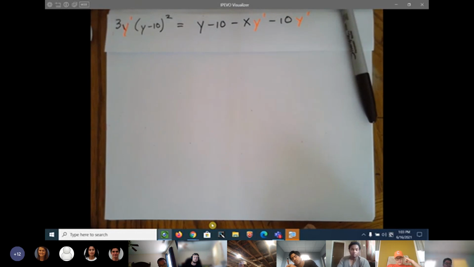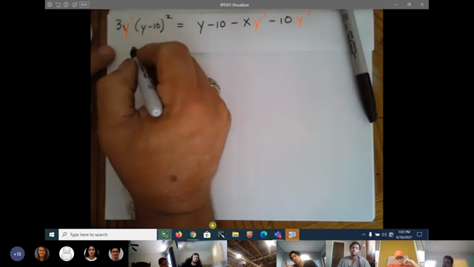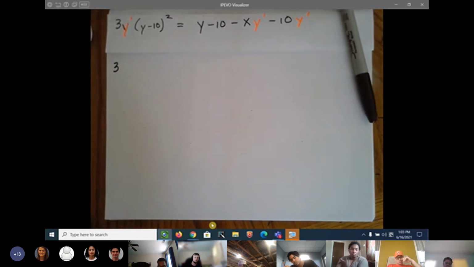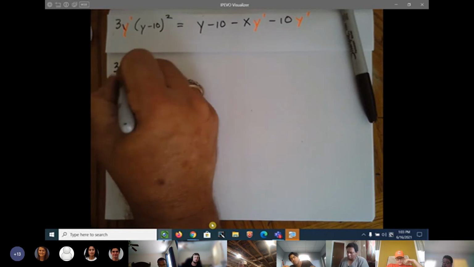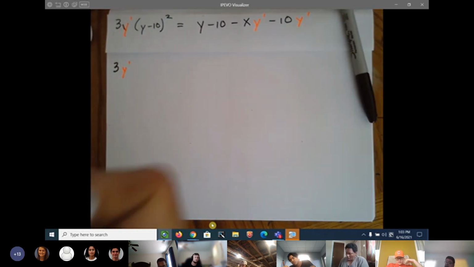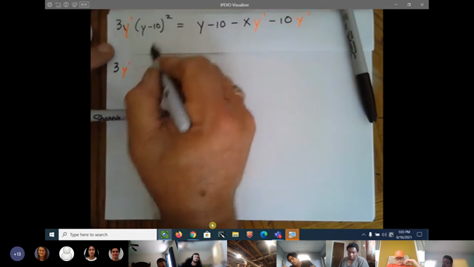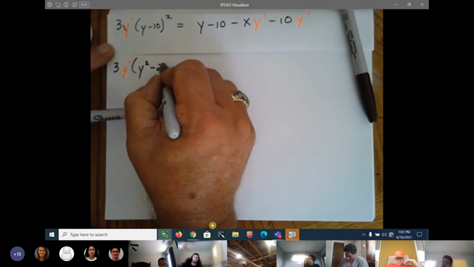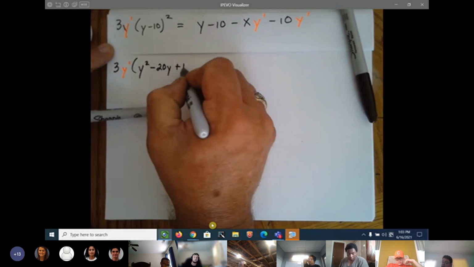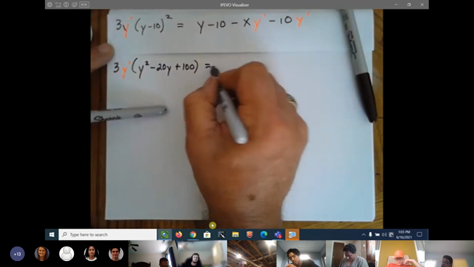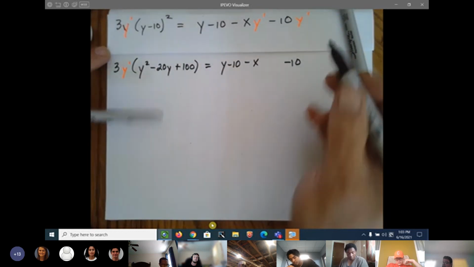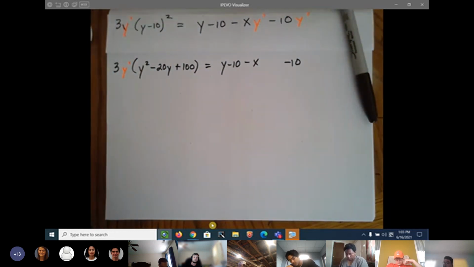All right. So this right here is going to be 3 times y prime. And then shortcut number 2 will give us y squared minus 20y plus 100 is equal to y minus 10 minus x minus 10 y prime.